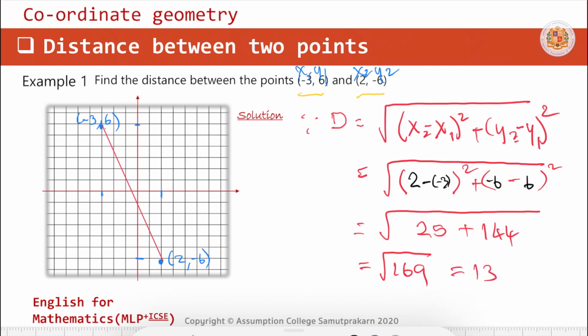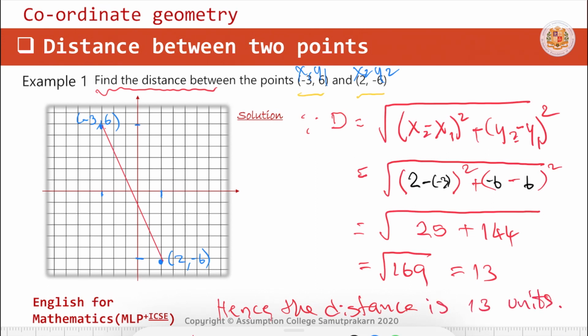Because we are looking for the distance, okay, so we say hence, the distance is 13 units. Okay, that's it. That's the answer.